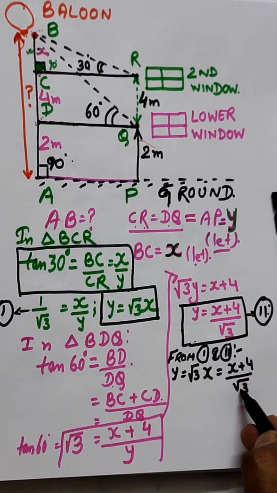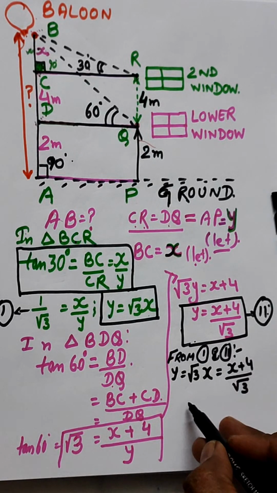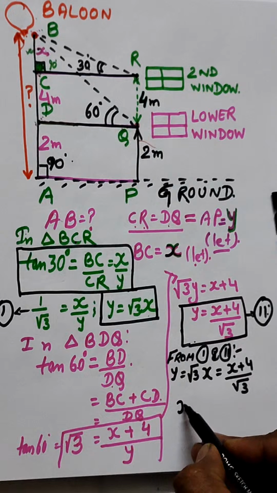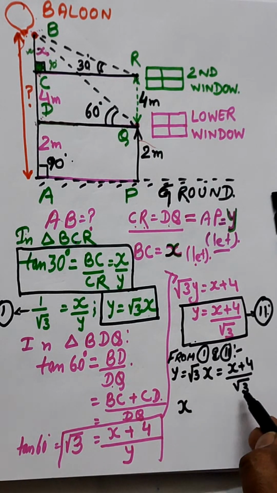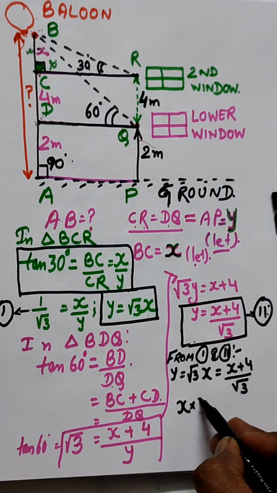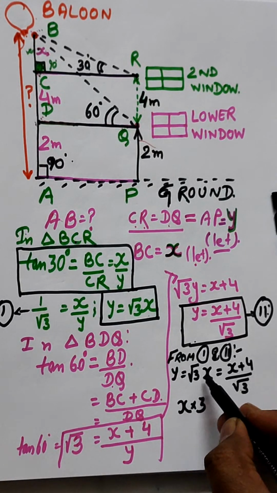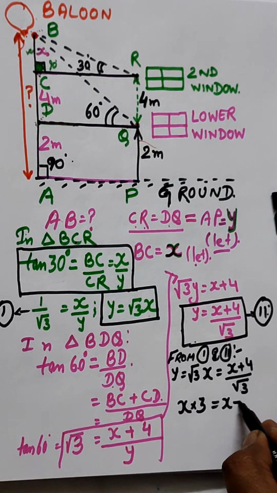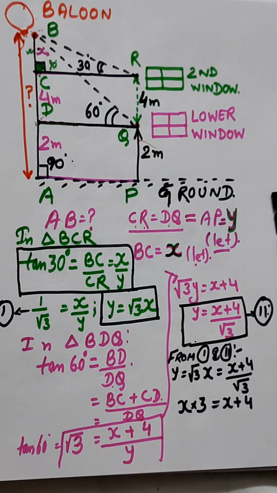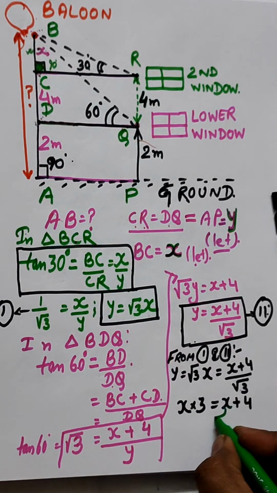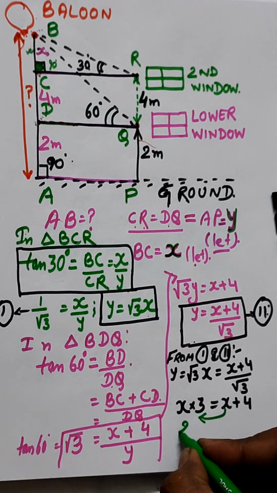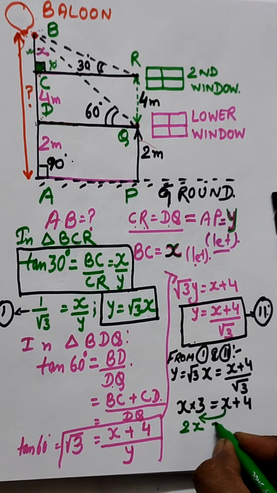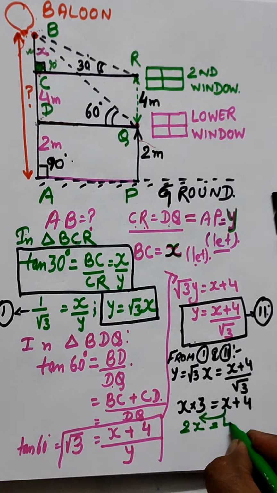Now solve it. Root 3 into root 3 will come as 3, so x into 3, because root 3 is coming 2 times. This will be equal to x plus 4. So when this x comes to the LHS, you will get 2x equal to 4.